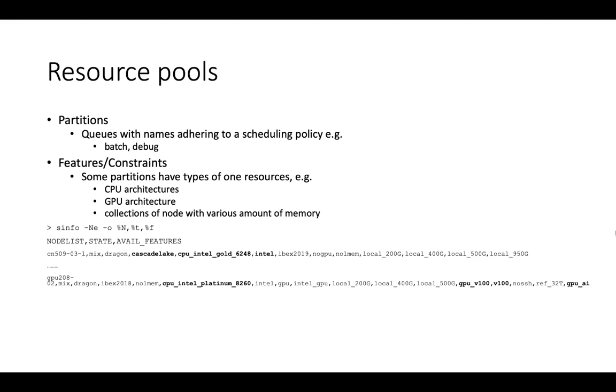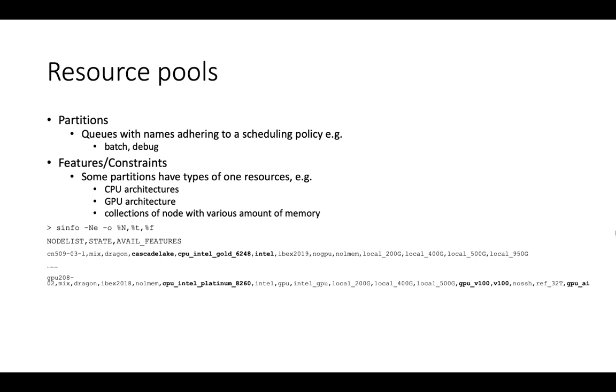The Ibex cluster is composed of nodes with different CPU and GPU microarchitectures. Constraints or features are convenient labels to assign to nodes of the same configuration so that a user can request compute resources of a particular microarchitecture if they choose to.